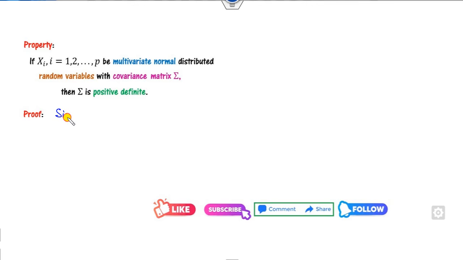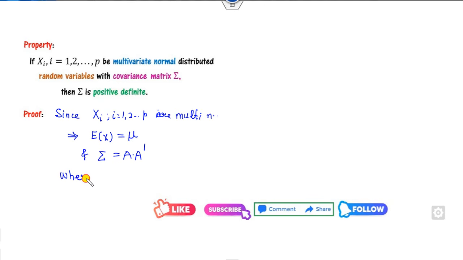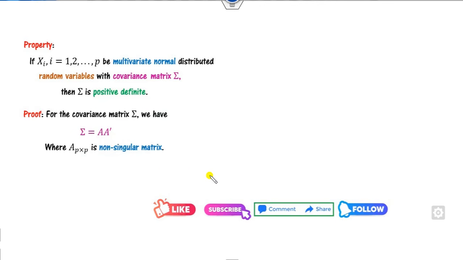Now since Xi, where i varies from 1 to p, are multivariate normal distributed, this implies the expected value of X is mu and sigma will be A A transpose, where A is my p cross p non-singular matrix. Fine. So therefore A is my non-singular matrix.